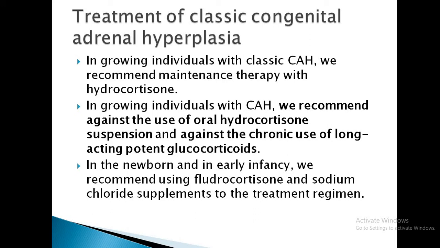So this is very important. Patients treated with less than 20 microgram of hydrocortisone per meter square per day at the start of puberty are significantly taller than those with higher HC doses. So it is important during puberty to treat with the lowest effective dose to achieve treatment goals and also to achieve the optimal height.